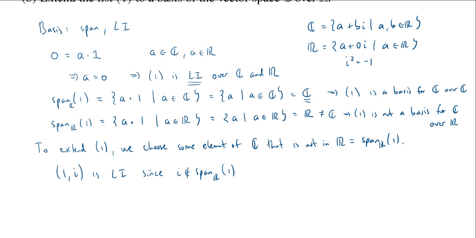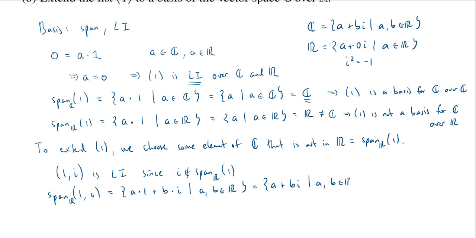Now we need to show that it spans all of the complex numbers. So the span of 1 comma i, now of course this is the real span. This is all things of the form a times 1 plus b times i, where a and b are real numbers. And we of course can simplify, a times 1 is a, and well, b times i we just write as bi. And again, a and b are real numbers.